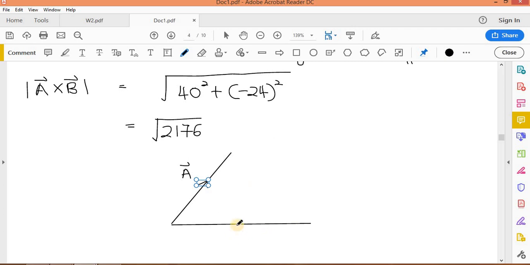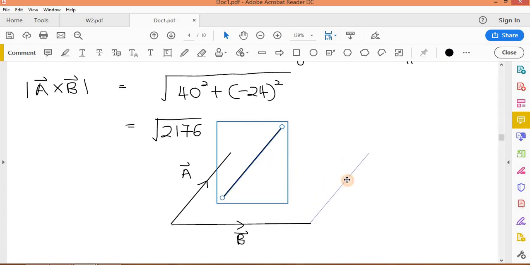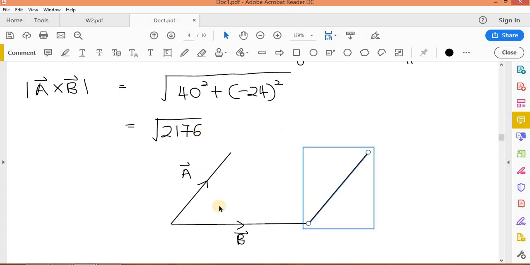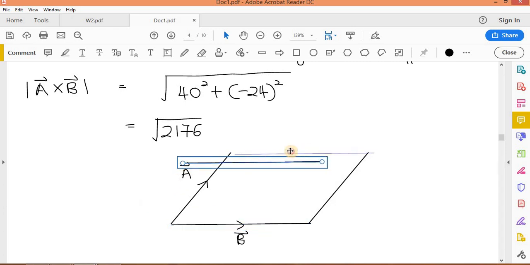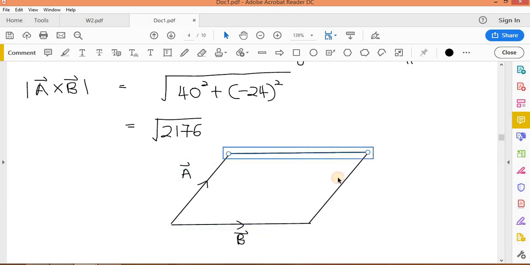And this is your vector B. This value will represent the area of this parallelogram. So area.